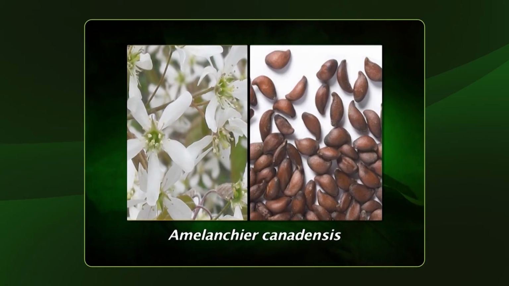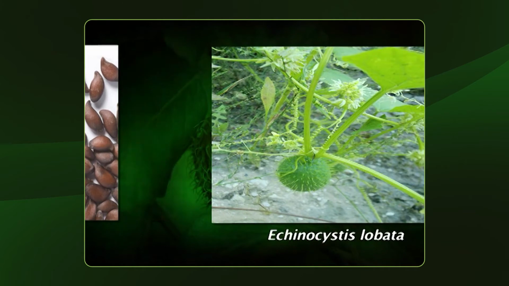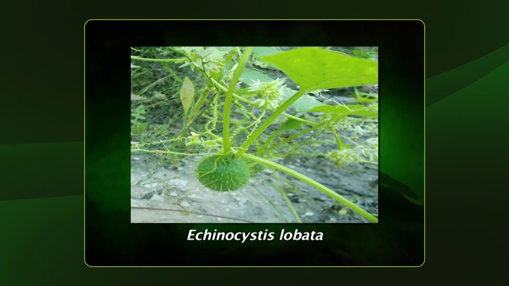Cold stratification breaks dormancy but may take as long as 6 months, depending upon the species. Dry storage at room temperature reduces the cold stratification period in some species, including Amelanchier canadensis and Echinocystis lobata.